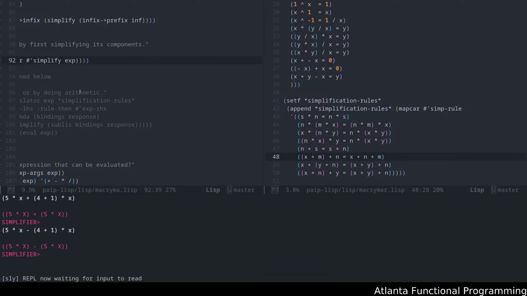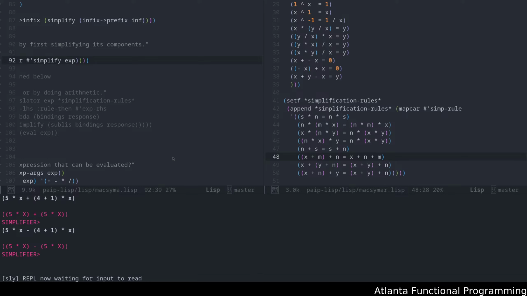You'll see that this simplification does not actually apply all of the rules that we've encountered. So there's a couple of simplifiers that we need to extend here before we move on to commutativity and associativity. Let's go ahead and fix that.